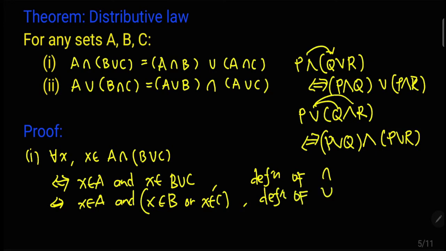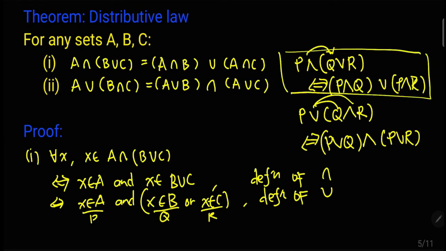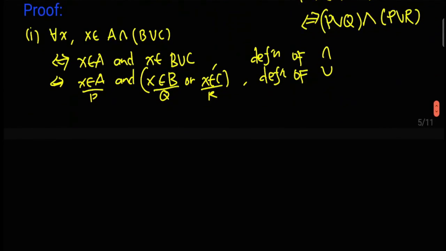But now we have the logical statement P and (Q or R). So we can now use the distributive law of and over or. By the distributive law, we can write it as follows.